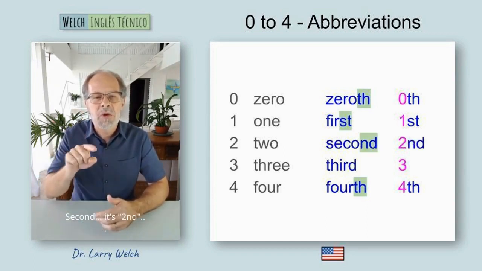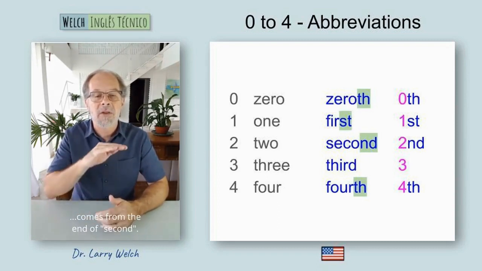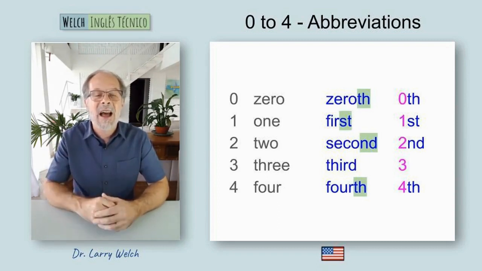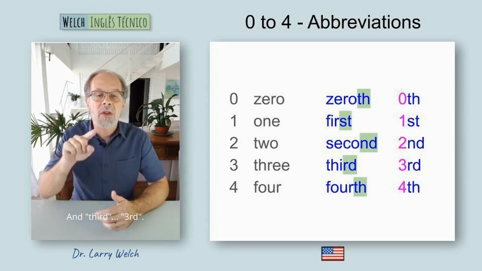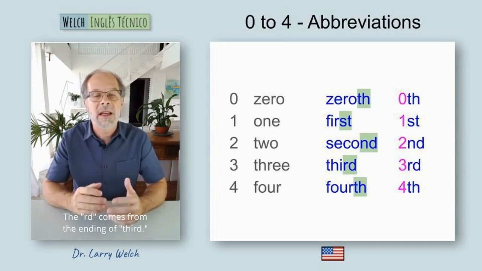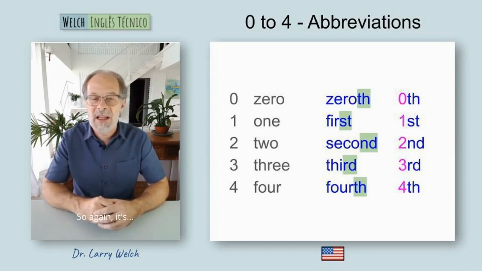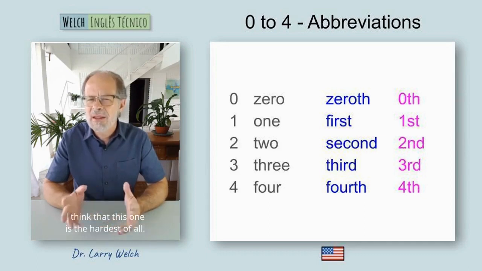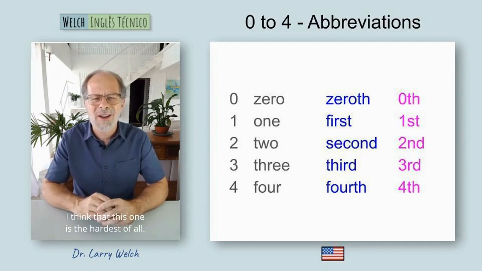Second, it's 2 nd, comes from the end of second. And third, 3 rd, the rd comes from the ending of third. So again, it's zeroth, first, second, third, fourth. I think that this one is the hardest of all. The very first one is the hardest.